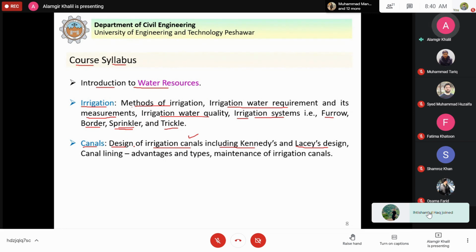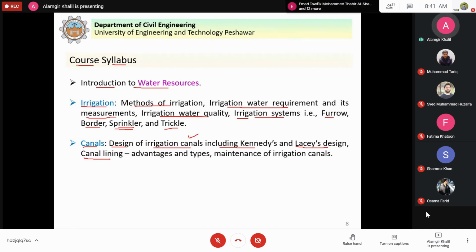We will also study about the irrigation canals because the canals can be erodible and non-erodible. So we will try to cover both types. We will study about the canal lining, because the water that is carried in a canal can infiltrate into the soil, so water is lost.